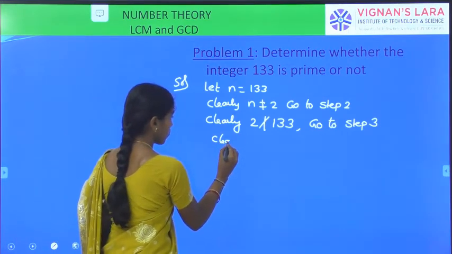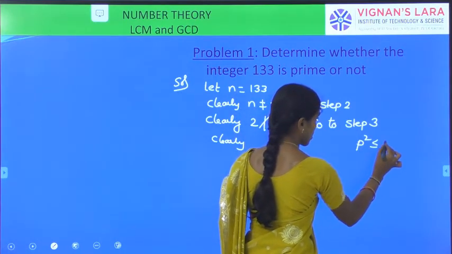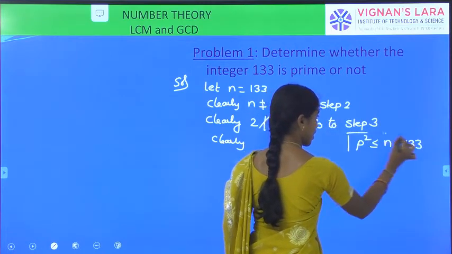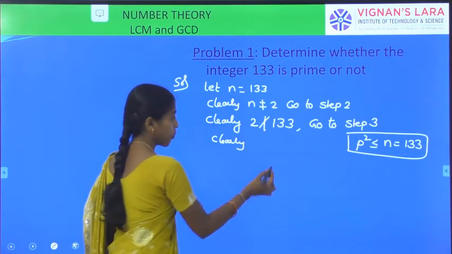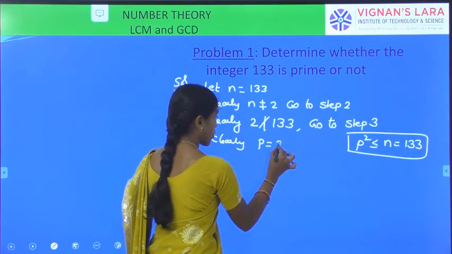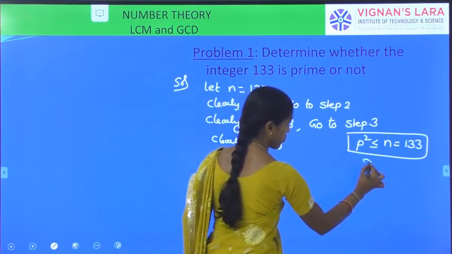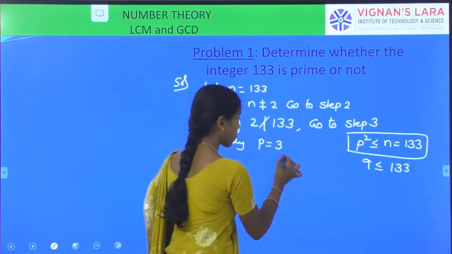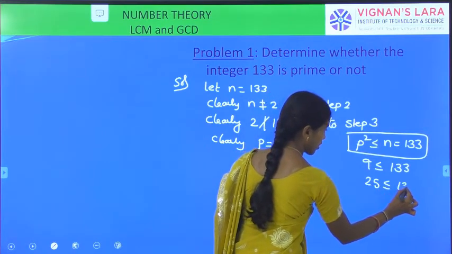What is the condition here? p square less than or equal to n, where n is 133. The prime p equal to 3: 3 square is 9, less than or equal to 133. Next prime is 5, 25 is less than or equal to 133.